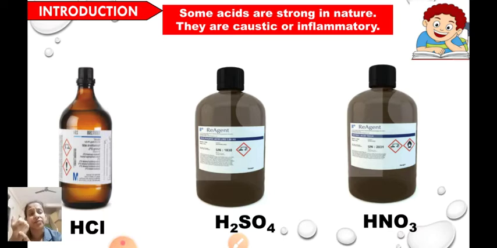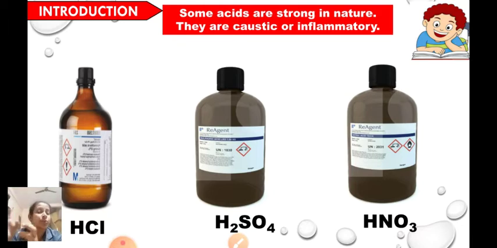It is inflammatory. Inflammatory means it gives inflammation, a sensation of burning. That is why it is also called inflammatory, and it will burn that particular part wherever it has fallen. Therefore strong acids are different from weak acids.